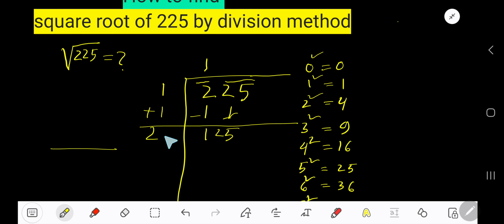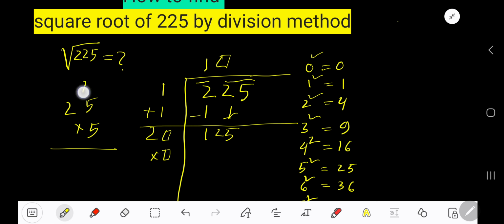Now you need to place a number here and also multiply this number by itself. That is, if you place 5, you need to also multiply this number by 5.